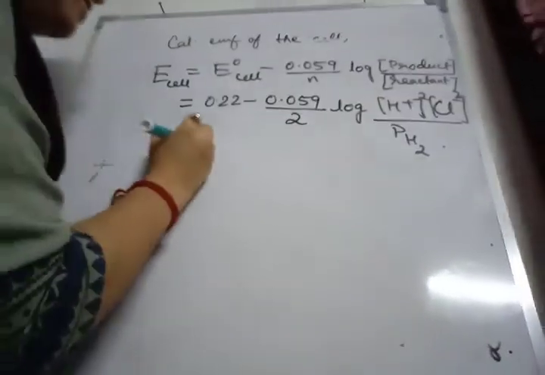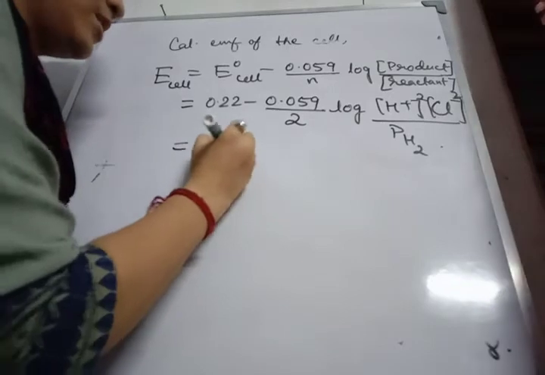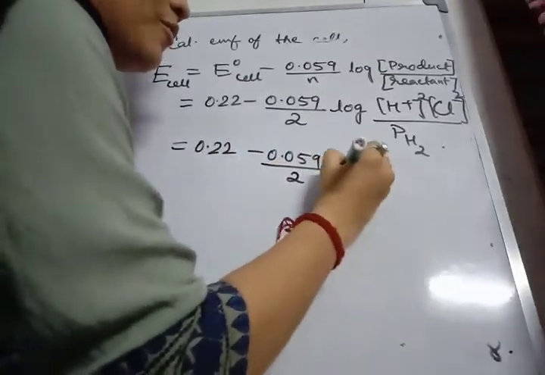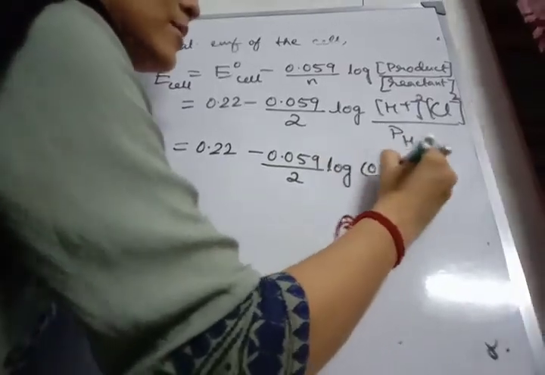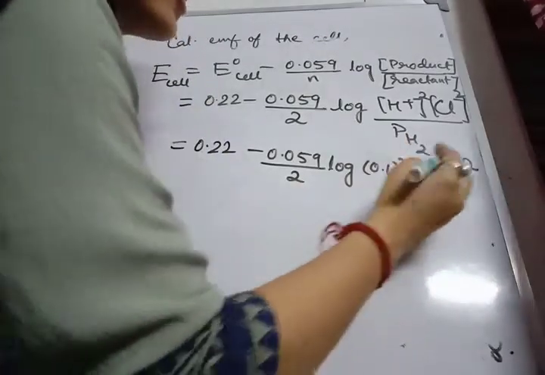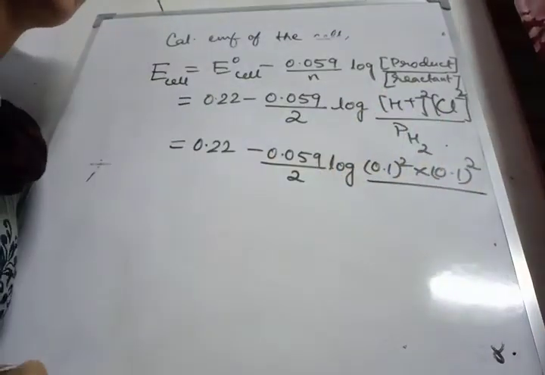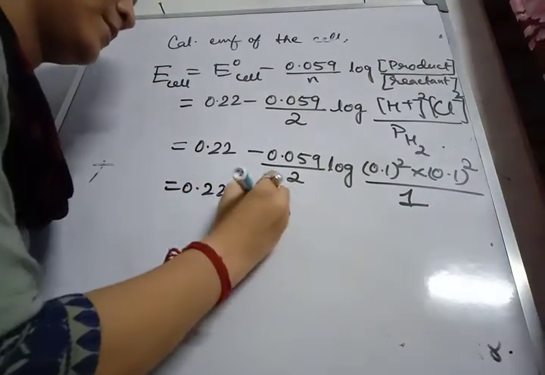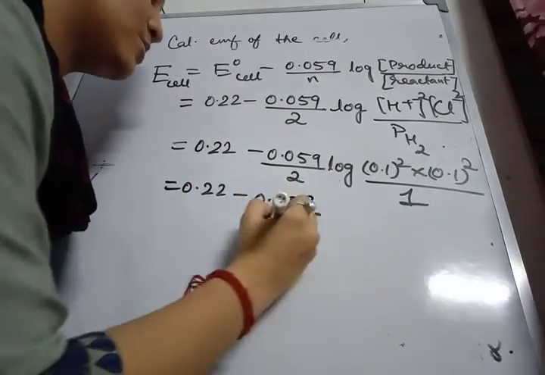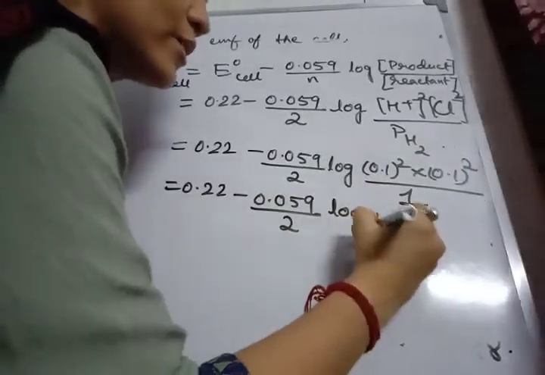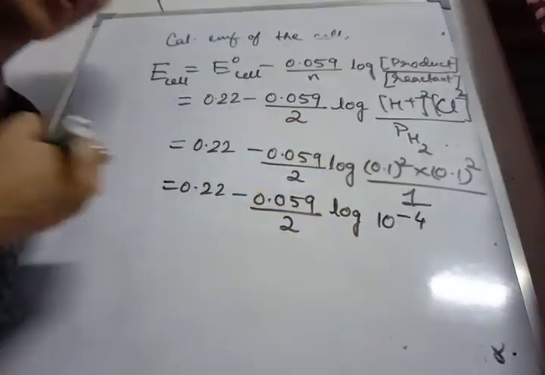Now we'll substitute the values of H+ and Cl- and calculate the E cell. 0.22 minus 0.059 by 2 log of H+ concentration 0.1 squared, Cl- concentration 0.1 squared, divided by the pressure of hydrogen gas, which is 1 atmosphere. So 0.22 minus 0.059 by 2 log of 10 to the power minus 4.